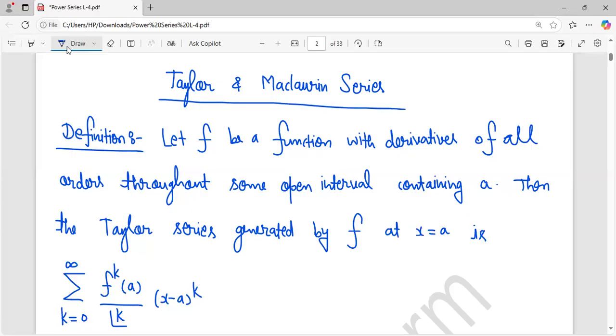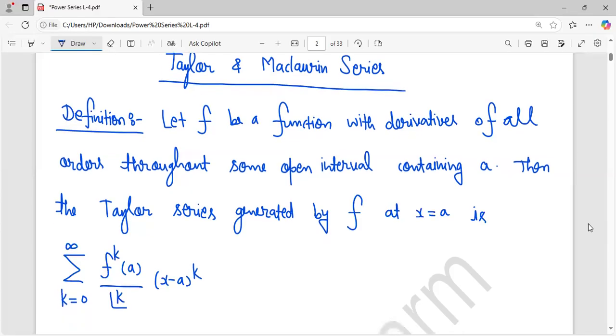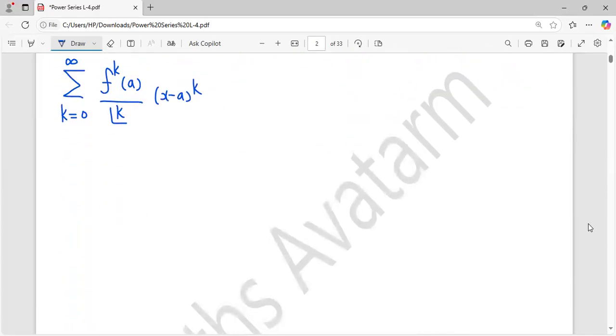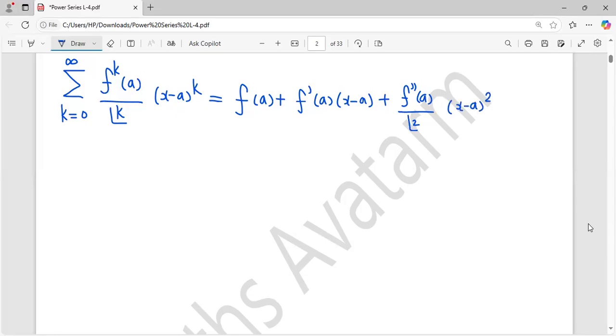It means, how to expand it? f(a) plus f dash a times (x minus a) plus f double dash a upon factorial 2 times (x minus a) squared, plus and so on, up to the nth derivative of f at a upon factorial n times (x minus a) to the power n, and so on.